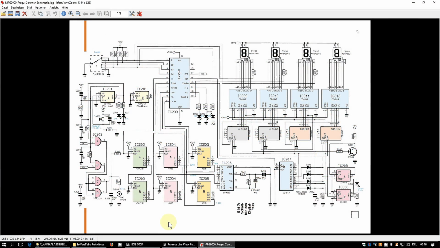So here we are at the schematic of the counter. Signal comes in here from the left, either from the counter or externally, and it is switched with a D-type flip-flop, of which they have used quite a lot in this thing. Then it goes through some divide by 10 counters.